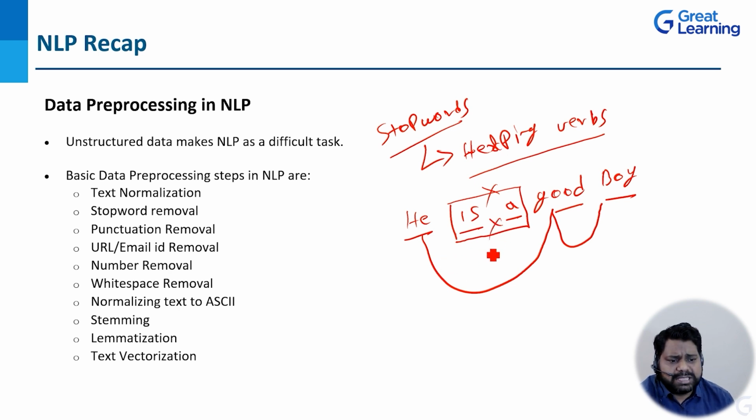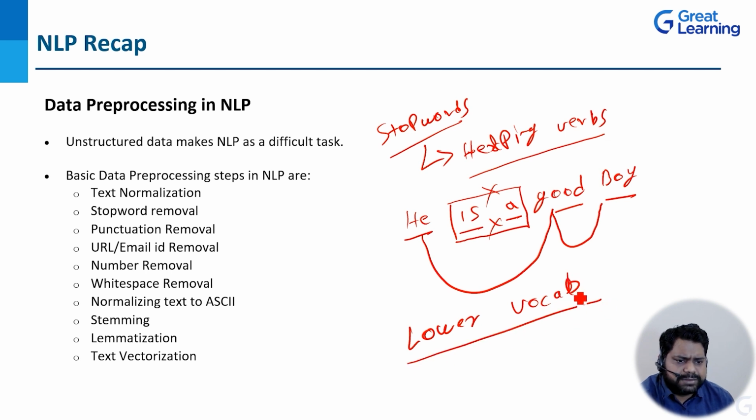Because if we keep them, what will happen? These words are is, are, am, the, not, was, have, had. They are helping verbs, and they are not exactly useful to extract the information. So we can remove them. By removing them, we can lower the vocabulary size.